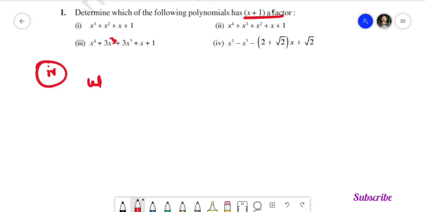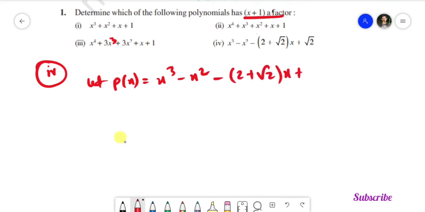Let p of x be x cube minus x square minus 2 plus 2 root 2 x plus root 2.